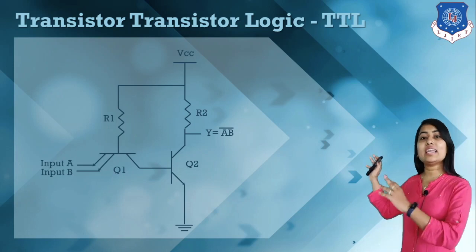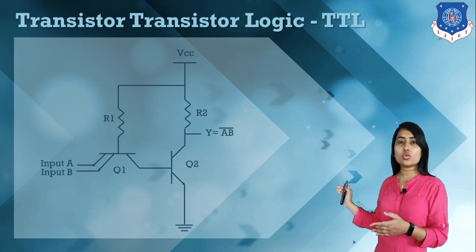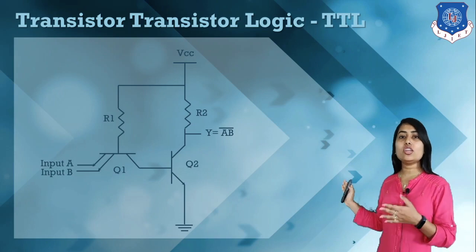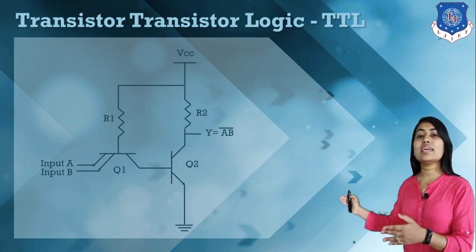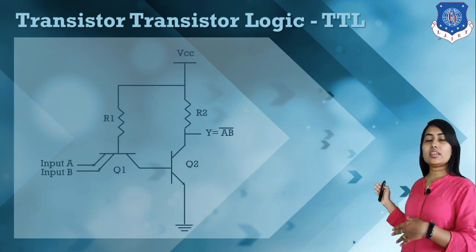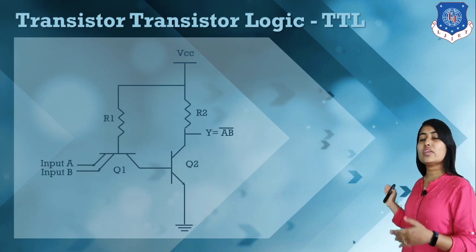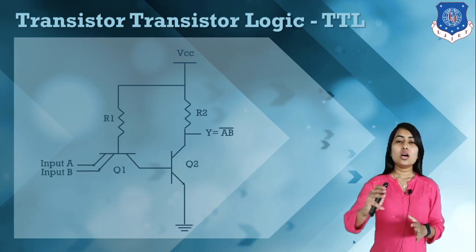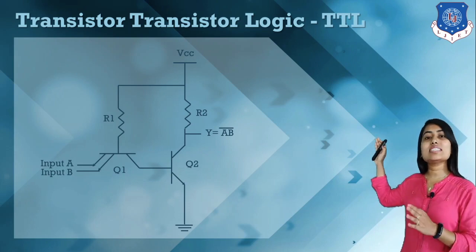This is a 2-input NAND gate, with input terminals A and B. Q1 is a multi-emitter transistor, because we have inputs A and B at its emitters, and we take the output from the collector of Q2. These are the pull-up resistors that control the current flow in the circuitry, and this VCC is our power supply.